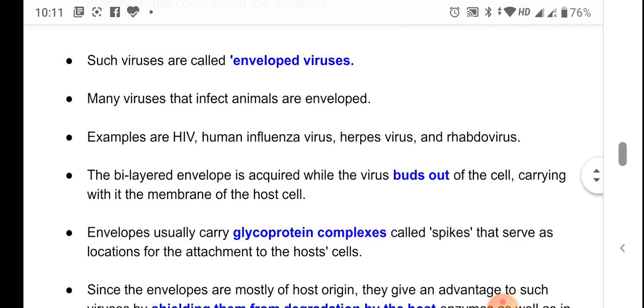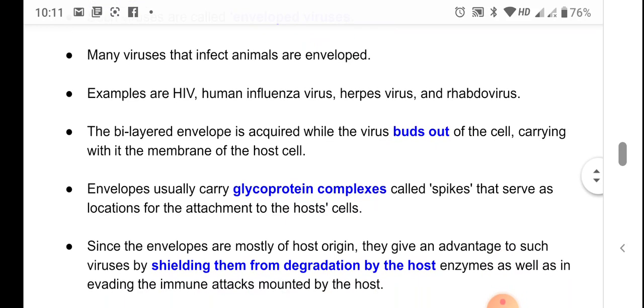And this bilayered envelope is acquired from the host cell itself. While the virus comes out of the host cell by budding, it carries the membrane of the host cell along with it. And these envelopes carry glycoprotein complexes. These envelopes have glycoprotein complexes projecting outside, called spikes.